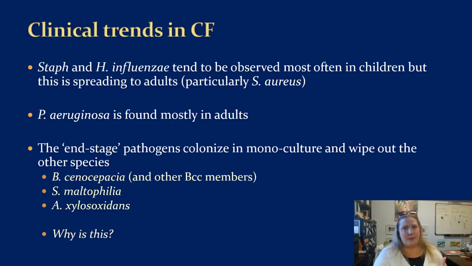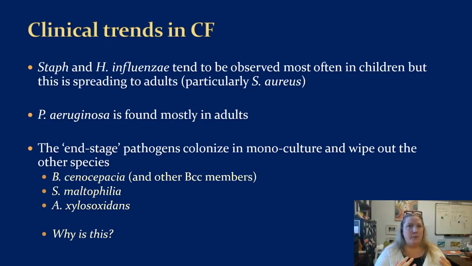What I find the most interesting when I went up to Harvard to study some of these pathogens is that there's these end-stage pathogens, which are the ones that are a little bit less common, like Burkholderia cenocepacia and other Burkholderia cepacia complex members, Stenotrophomonas maltophilia, Achromobacter xylosoxidans. When these come in, they can actually wipe out everything else and turn the lung into a monoculture.